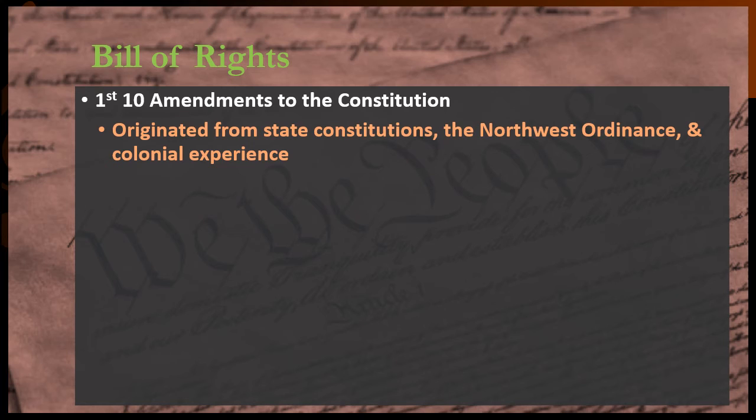And so one of the first things that happens in 1790 and 1791 is that the Federalists write up a Bill of Rights. This Bill of Rights is really important for your rights and my rights as Americans.